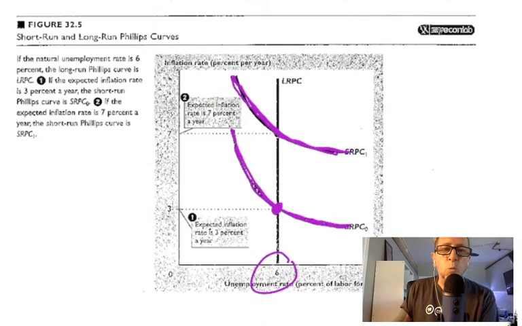So this is how we connect our long run Phillips and our short run Phillips curves. Notice that you have your long run Phillips curve, which again is at the natural unemployment rate or full employment. What can change then is the inflation rate. Notice it's at 3%. That would be right there, the same as we had in that last graph. 7% would be right there. And then what happens is at each of those points, you get new short run Phillips curves.